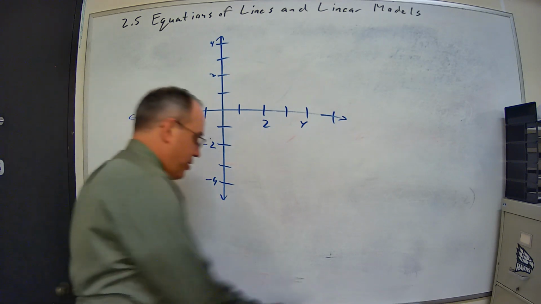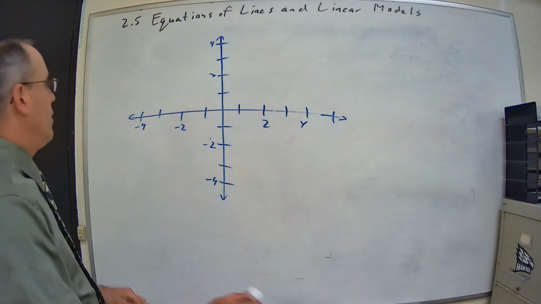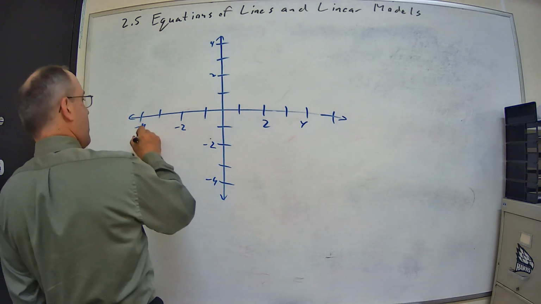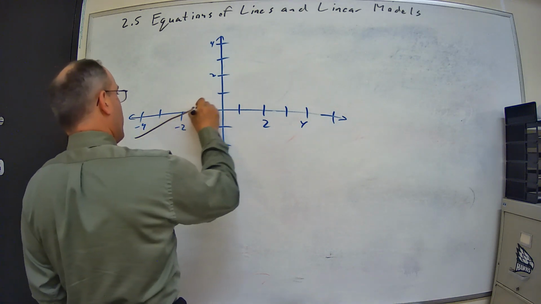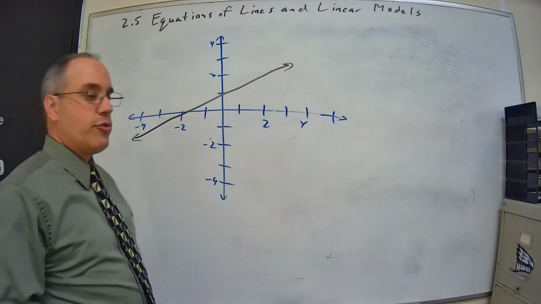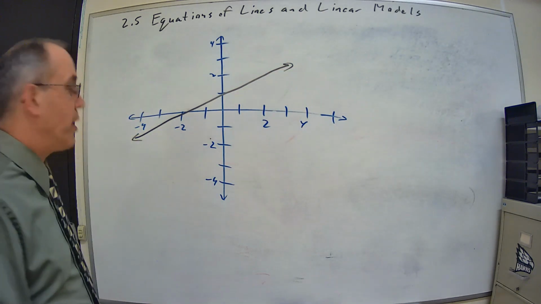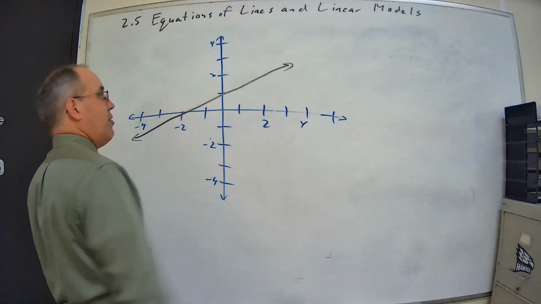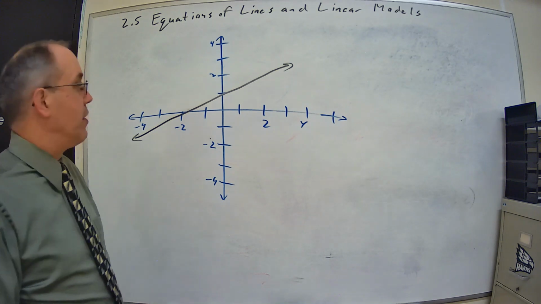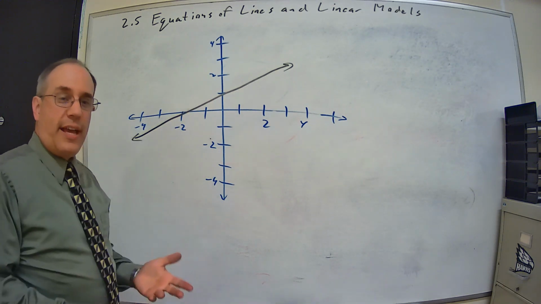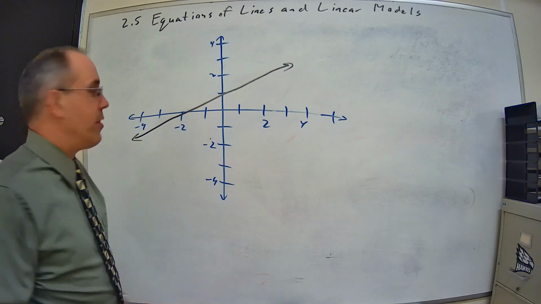That took long enough to do. Key anytime you use markers to make sure it squeaks properly. So now I have this graph. And I have a line here. And I want to find the equation of this line.